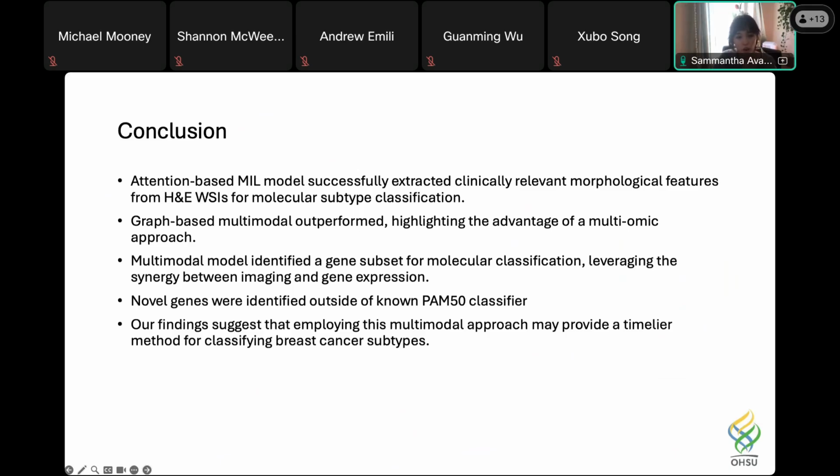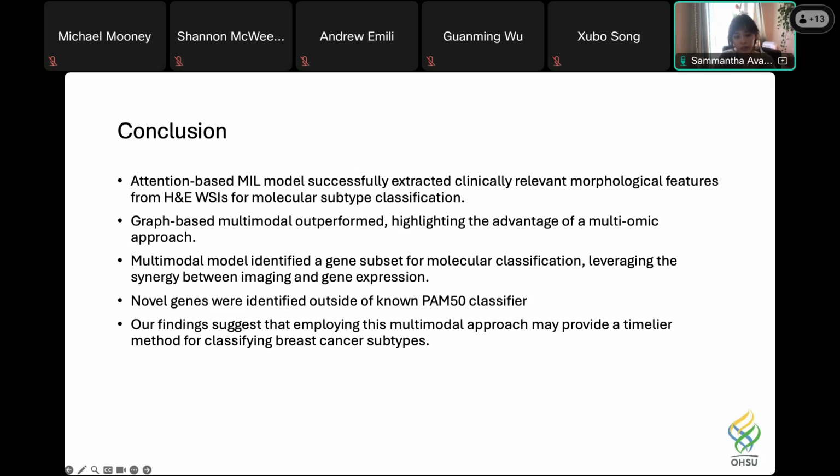And so our research aimed to address these challenges by seeing if we could use deep learning models to extract key morphological features from H&E images alone or in addition to gene expression for basal and luminal subtyping. Although our unimodal model results showed great classification performance, they also showed us that we can't use H&E imaging alone for molecular subtyping.